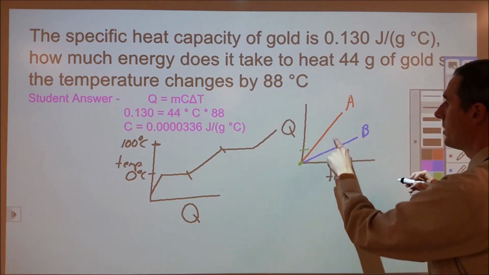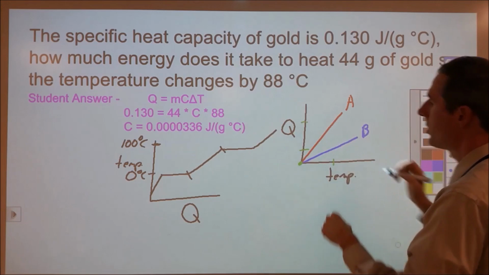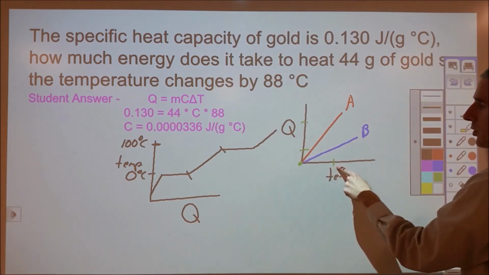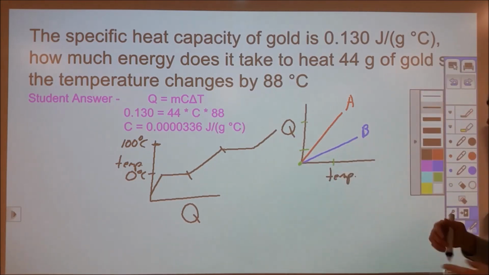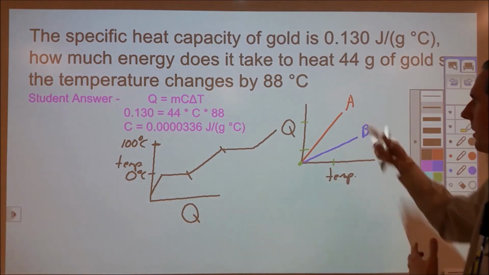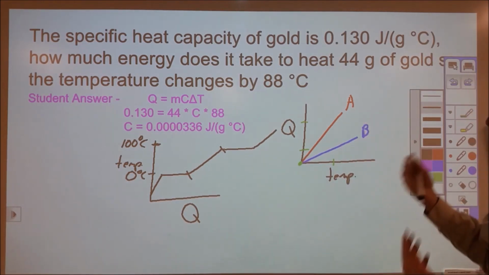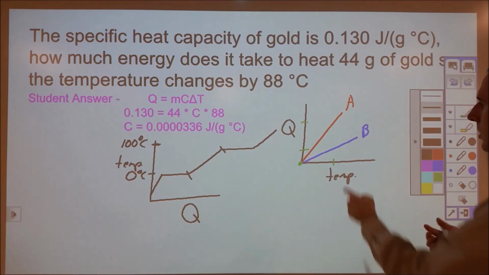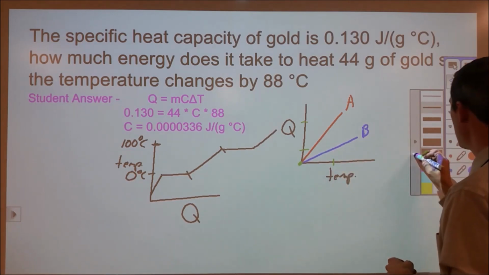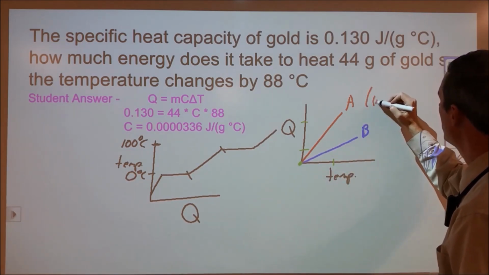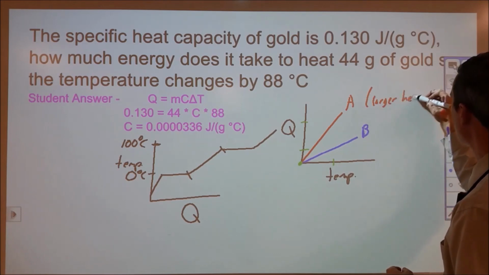But the amount of energy needed to heat A up was this much. So A required more energy to change the temperature by the same amount, which means that I'm putting in the same amount of energy, but the motion of A is changing by a greater factor in terms of kinetic energy than B is. So the way we would state that is that A has a larger heat capacity.